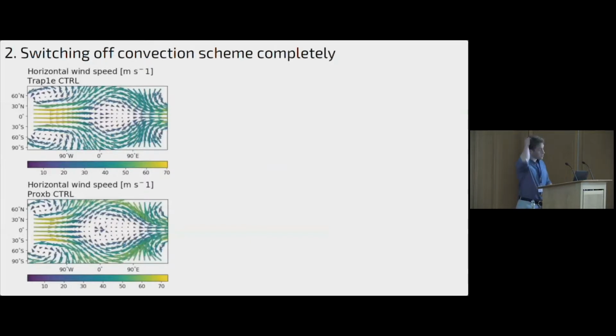And this is interesting, and I'm still trying to wrap my head around why this happens. But looking at the large-scale circulation, this is horizontal wind speed shown by vectors, and the magnitude of the wind is shown by colors.